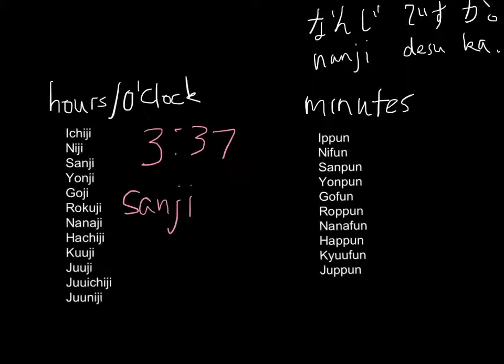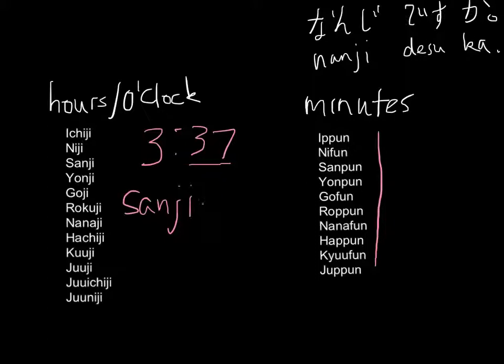Now after that, I've got 37 minutes. And if I look at my counters over the side here, this only goes up to 10. So I'm going to have to use my memory of how to construct the number 37, which we should all know is sanju nana.